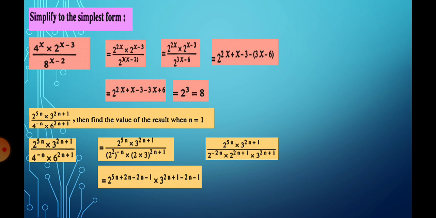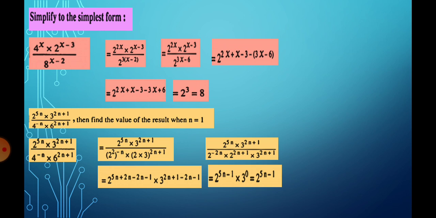It will be 5n minus 2n plus 2n minus 1, times 3 to the power 2n plus 1 minus 2n minus 1. It will be 2 to the power 5n minus 1 times 3 to the power 0. 3 to the power 0, we know any non-zero number to the power 0 equals 1. The result equals 2 to the power 5n minus 1.